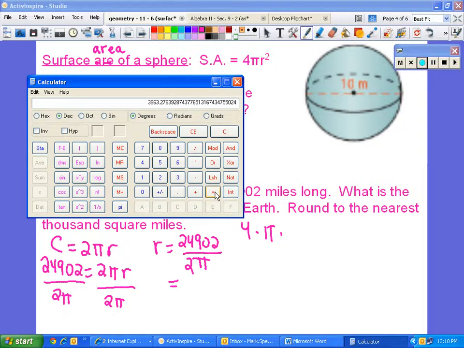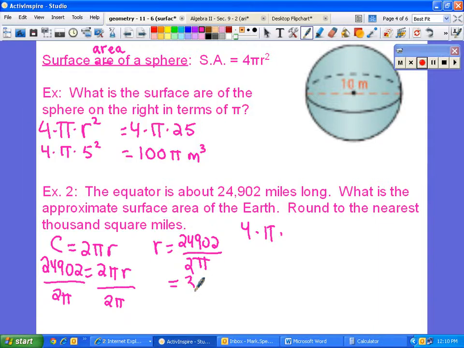Now, if they don't tell you how far to round, go out 4 digits. 4 digits will be enough. So we get 3963.2764. 4 digits will be enough of a rounding so that it won't impact your final answer.